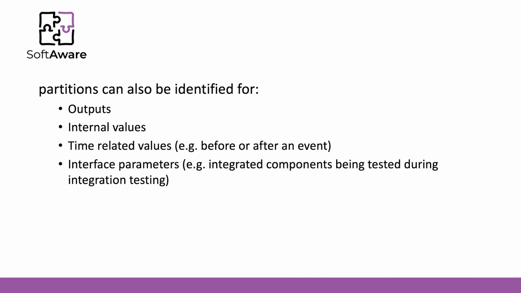Time-related values are basically related to events. Another important aspect is when you have time-related values that are directly related to events. You have an event that occurs and you aren't able to predict when it will happen.